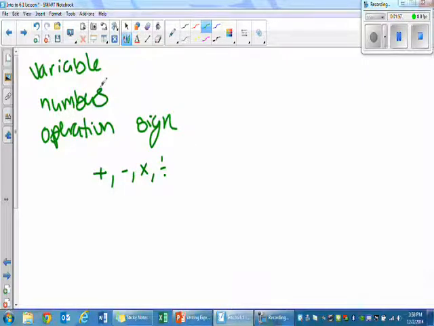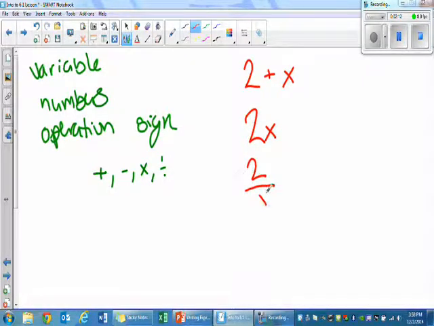You need at least one of all of these. Okay, so this would be an algebraic expression. 2 plus x. 2 times x. 2 divided by x. Okay, all of these are an algebraic expression.